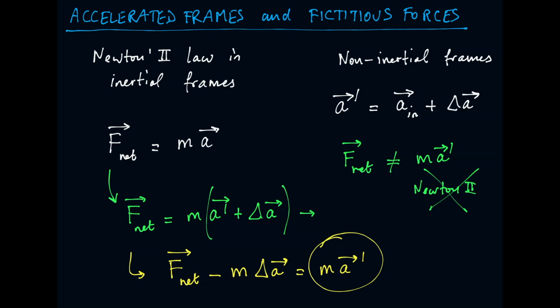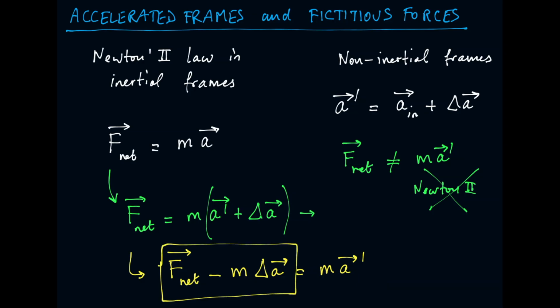Then if I read the situation in the language of Newton's second law, I would infer that on the left-hand side here, there's a net force that is not just what an inertial observer would measure, but there's also a correction term, another force acting on the object that is causing the acceleration that I observe.